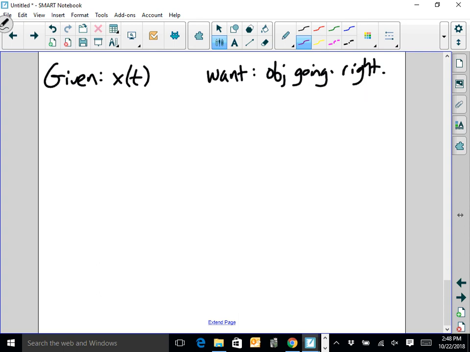So the first thing I want to do is get to my velocity equation. So again, I'm going to derive x of t to get v of t. Now again, to know where v of t is going right, I need to know where v of t is positive. To know where v of t is positive, I must figure out where v of t is equal to 0.